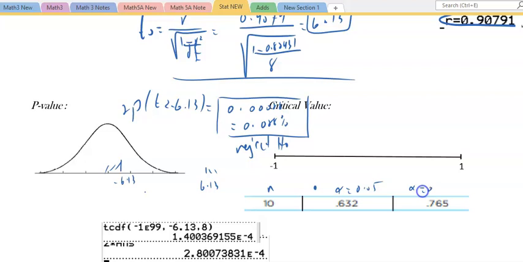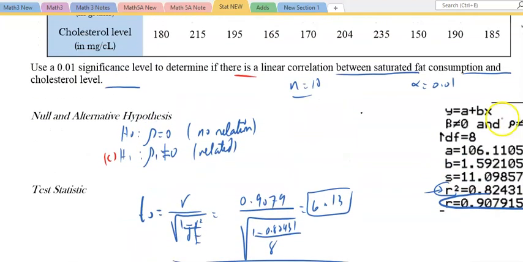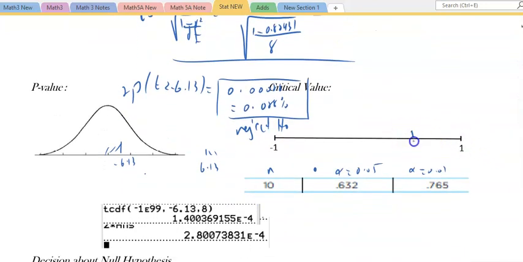So those are the only 2 values you could test on. Since they did say use alpha equal 0.01, we're going to say the cutoff is 0.765 and negative 0.765.